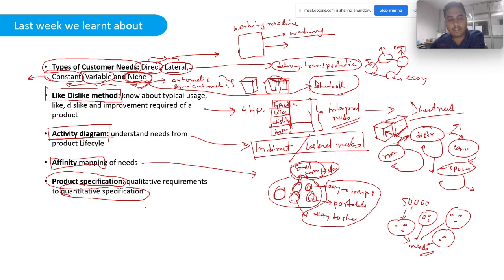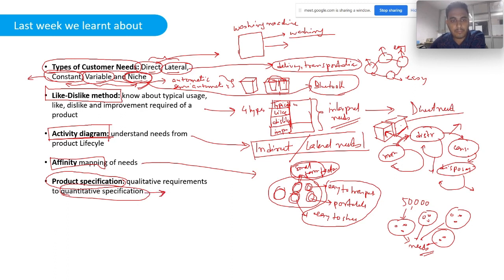What all we require? Product specification is a collection of needs which we gather from interviewing customers. Basic needs. It's a quantitative measurement of the basic requirement for a product.